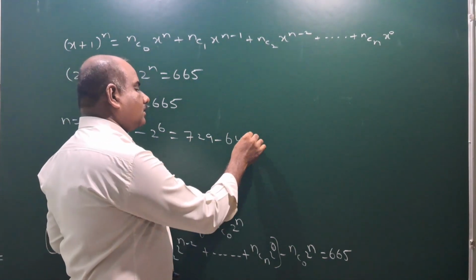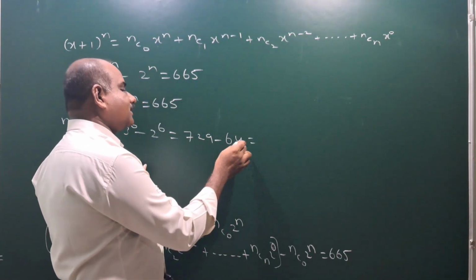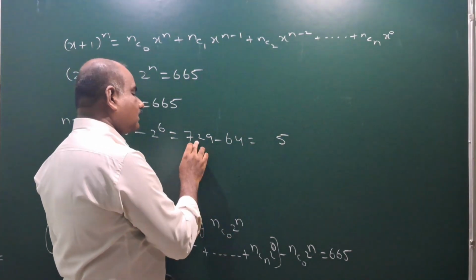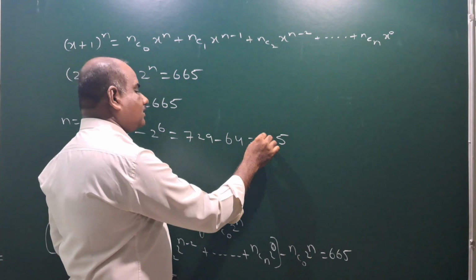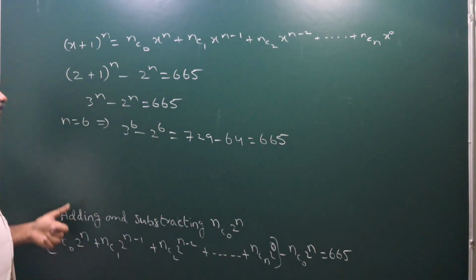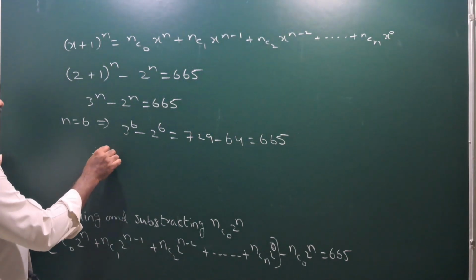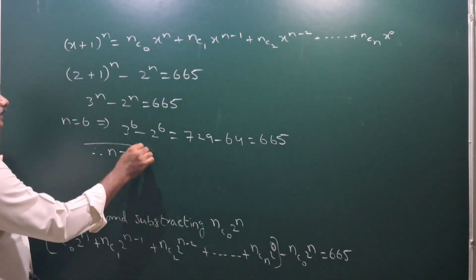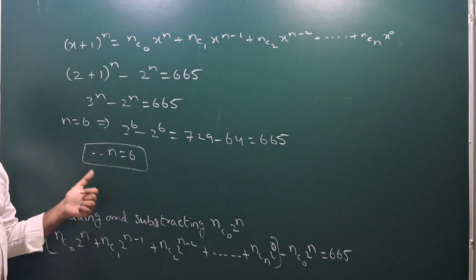Taking the subtraction, 729 minus 64, which is equal to 665. So the required value of n is 6. So finally the value of n is equal to 6. Thank you.